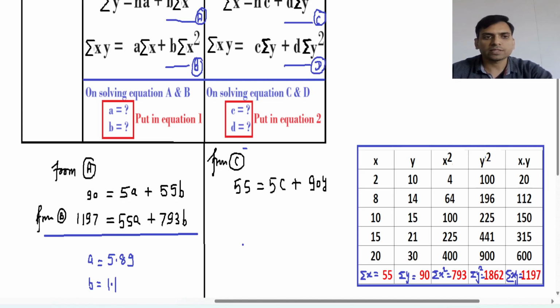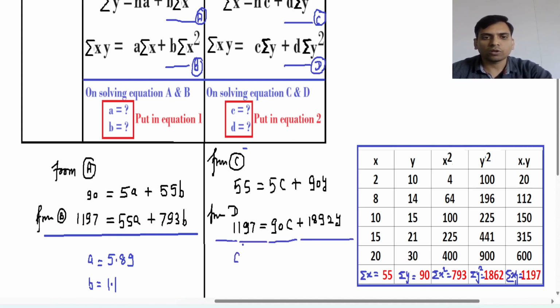And now from equation D, summation xy is equal to 1197, and this is C summation y. Summation y is 90, so this is 90C plus D summation y square. Summation y square is 1892D. Now we will solve these two equations simultaneously.